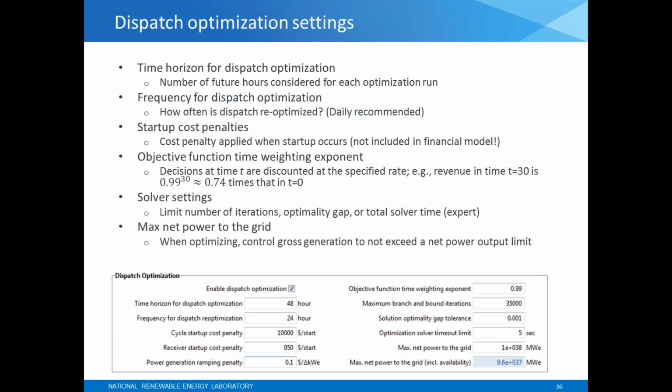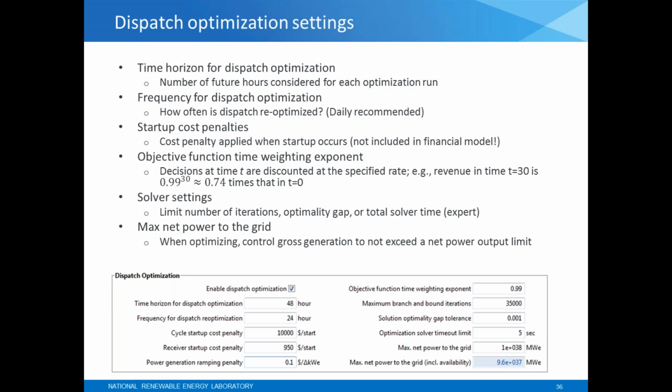Okay, there's a number of settings. Again, we're running a bit short on time, so I won't say much about it except that you can choose to penalize starts. So if you have some knowledge of the financial cost of starting up the cycle or the receiver, you might put those in, and when it's deciding whether or not to start up, it'll actually account for those monetary penalties.